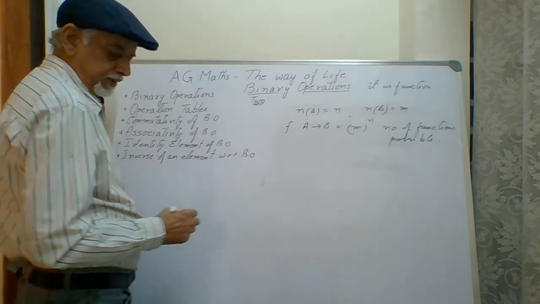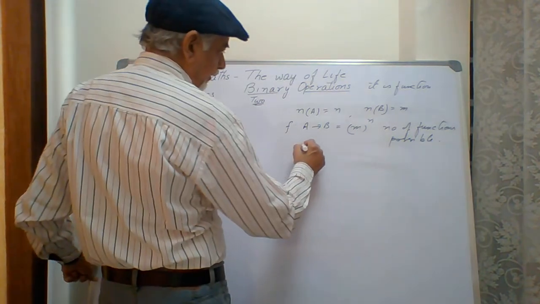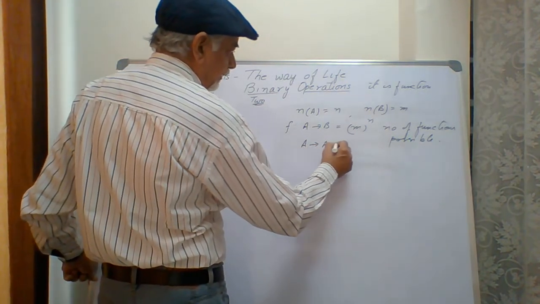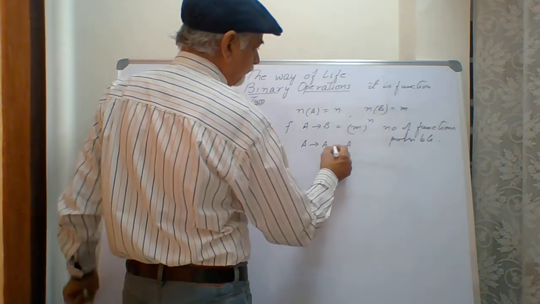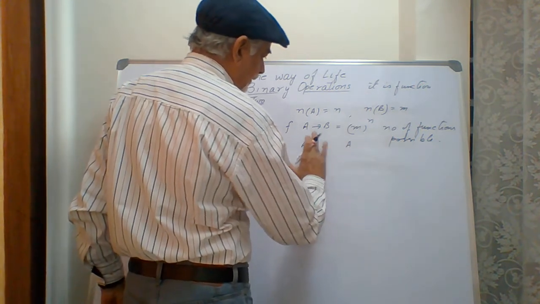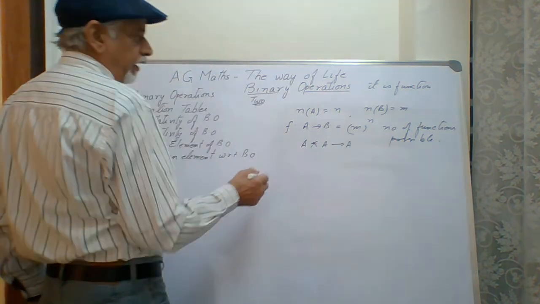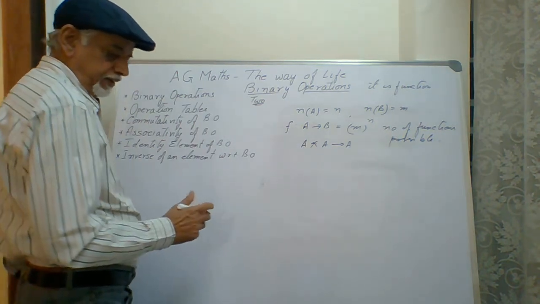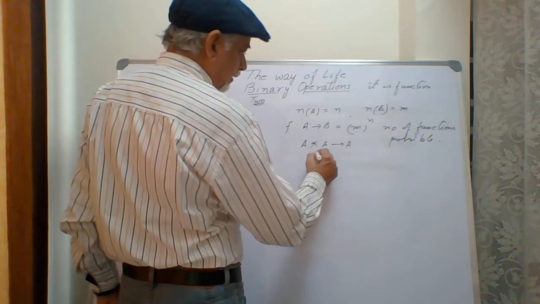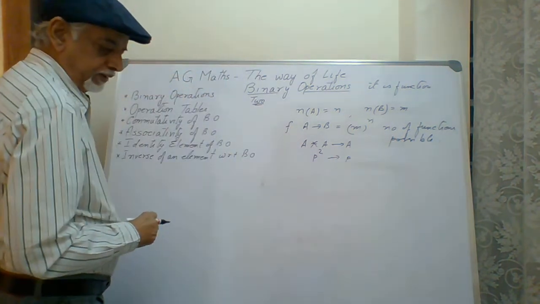Similarly, if I say A to A is A, or A binary A gives me A, and if the number of elements of A is P, then we can say that P square is giving me P. Correct?